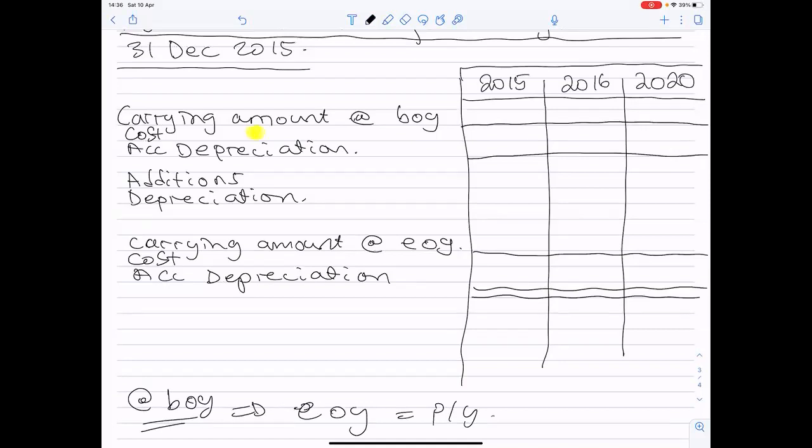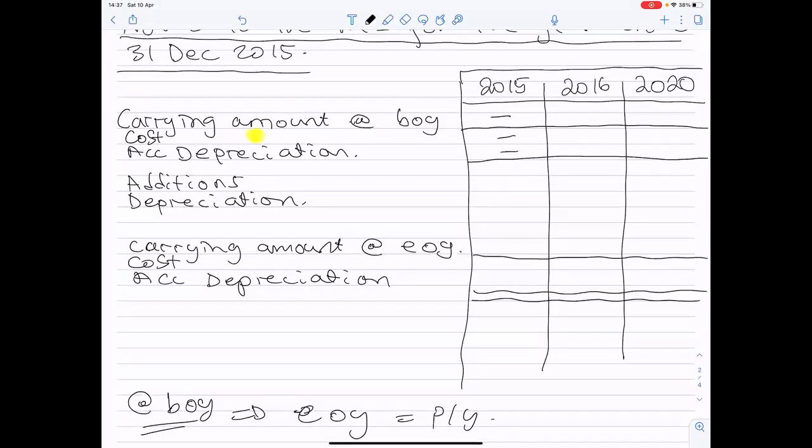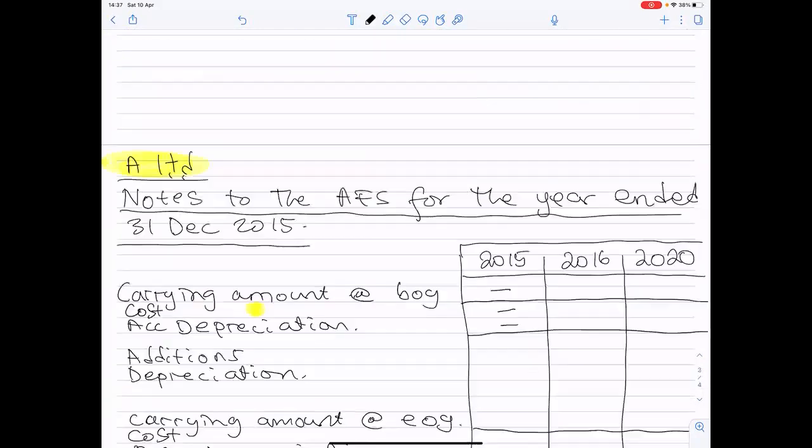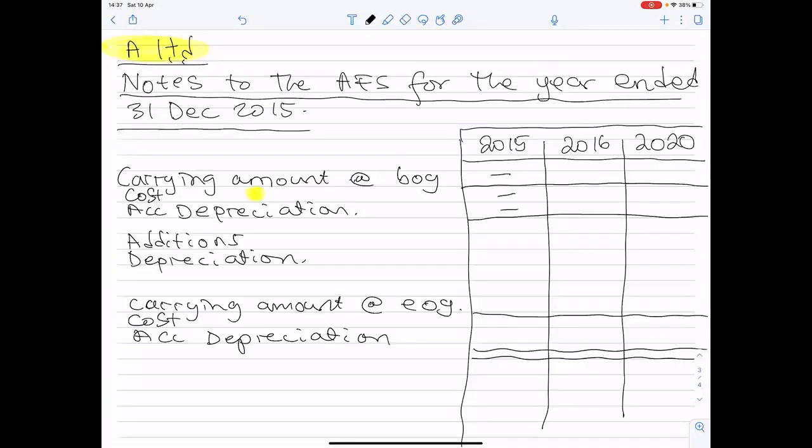So the amounts that we put at the beginning of the year is the opening balance coming from the closing balance of the previous financial year. So at the beginning of the year 2015, there was no asset, because no asset was transferred from 2014 to 2015. The asset was bought on the 1st of January, which is the beginning of the year, but it was not brought from the previous year.